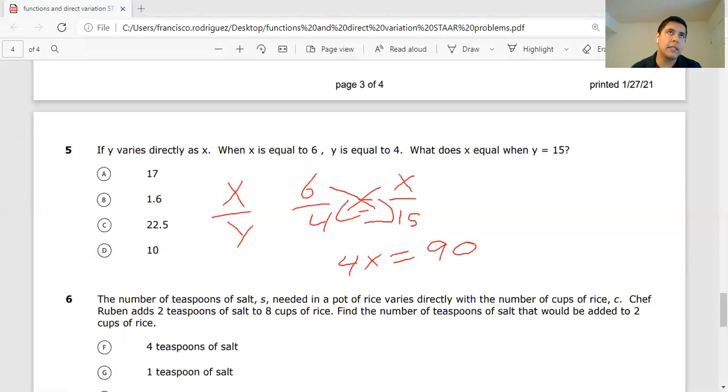So what would be our step here to solve for x? I mean, we should know this one, right? How do we cancel out the 4 so we can leave the x by itself?